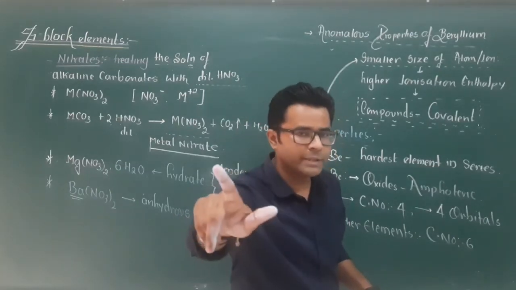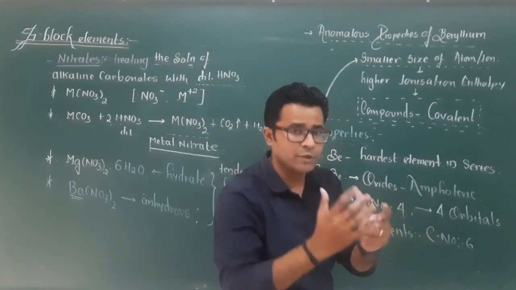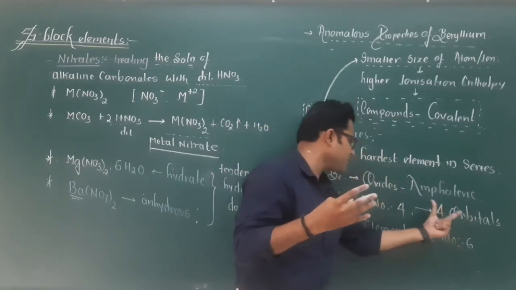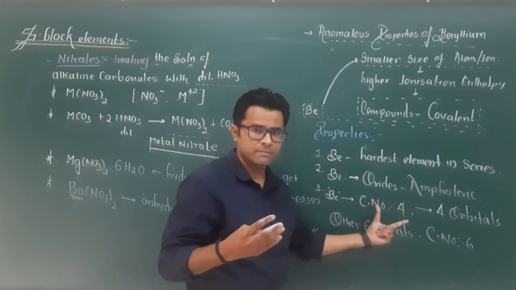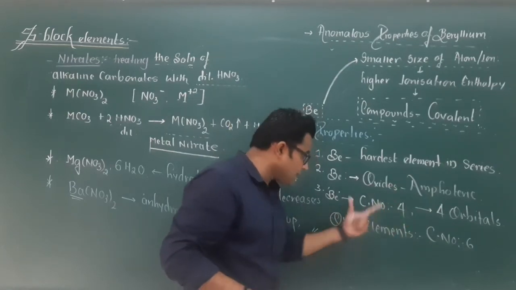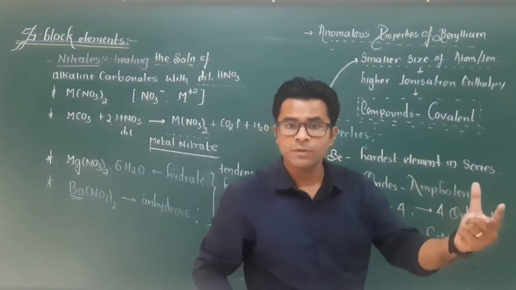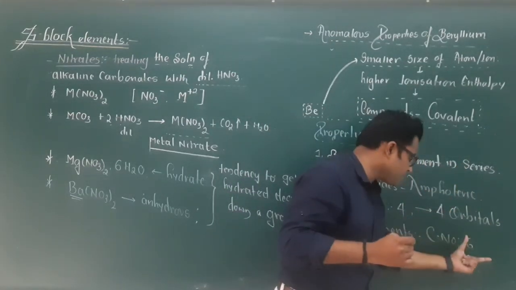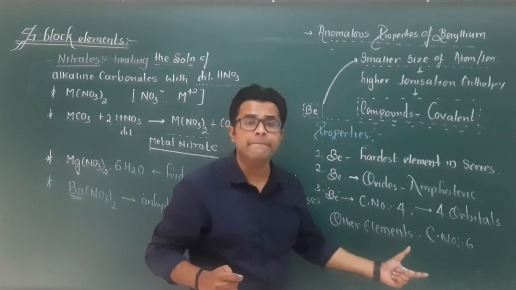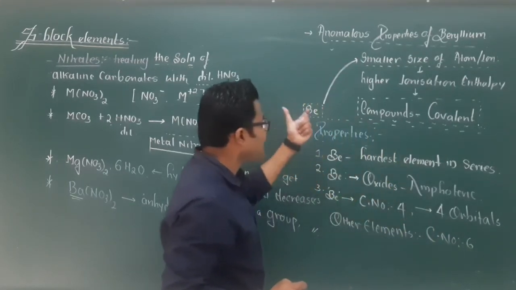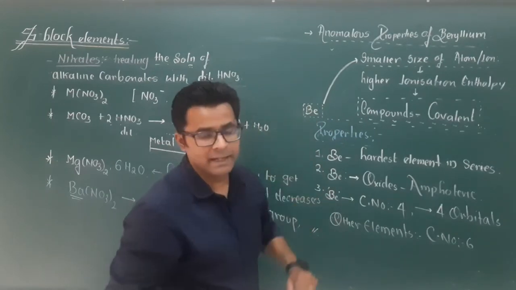So 3 p orbitals and 1 s orbital give us 4 orbitals, and those 4 orbitals give rise to a coordination number of 4. In the other elements, the d orbital is also involved, which gives rise to the coordination number 6. So these are the anomalous properties of beryllium.